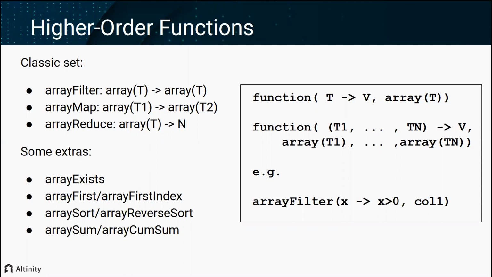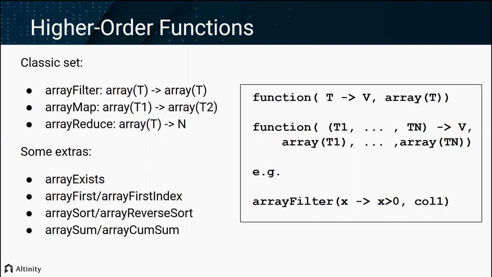From a functional programming perspective, those are higher order functions because they accept another function as an argument. And you already saw some examples when we used lambdas for filtering and for some other operations, but this is a generic approach. There are many functions like that. It's not just filter, map, and reduce.